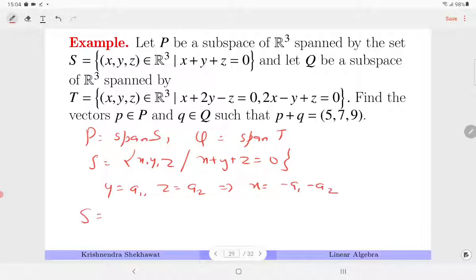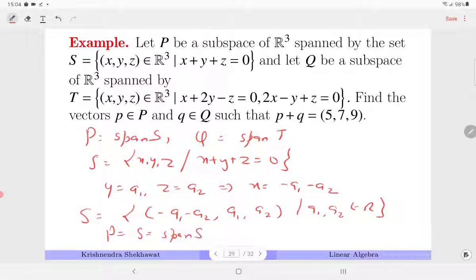Or set S looks like (minus a1 minus a2, a1, a2), where a1, a2 belong to R. You can see here that S itself is also a subspace, and therefore span S is equal to S, and therefore P is equal to S is equal to span S.